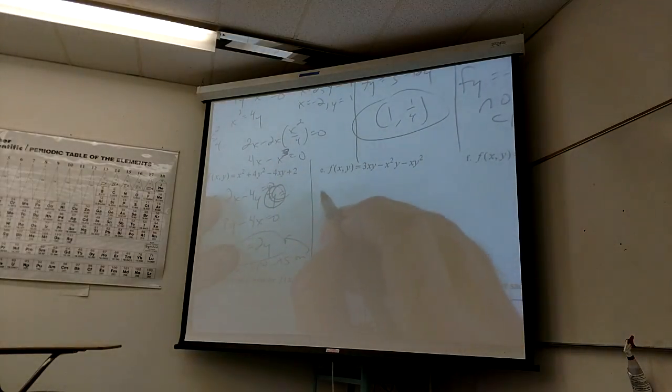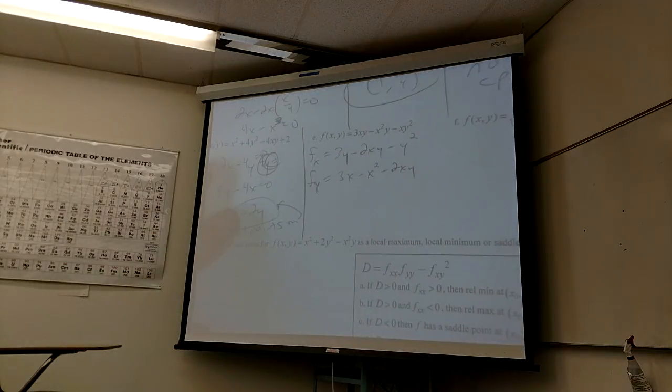This one, it gets interesting. So fx is 3y minus 2xy minus y squared, and fy is 3x minus x squared minus 2xy. A lot of symmetry between those two.